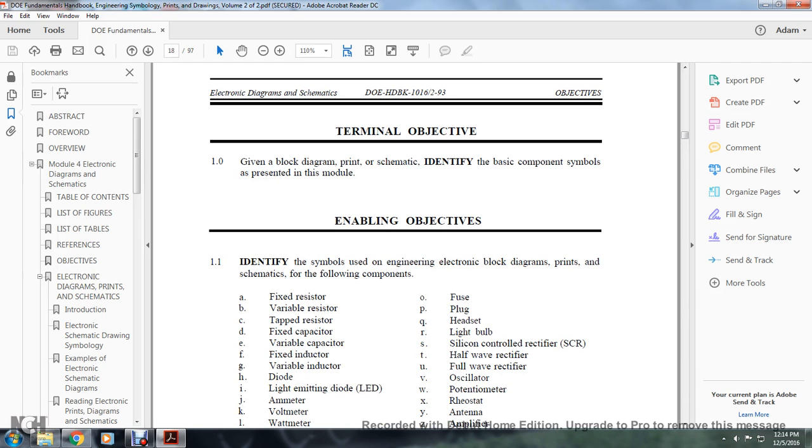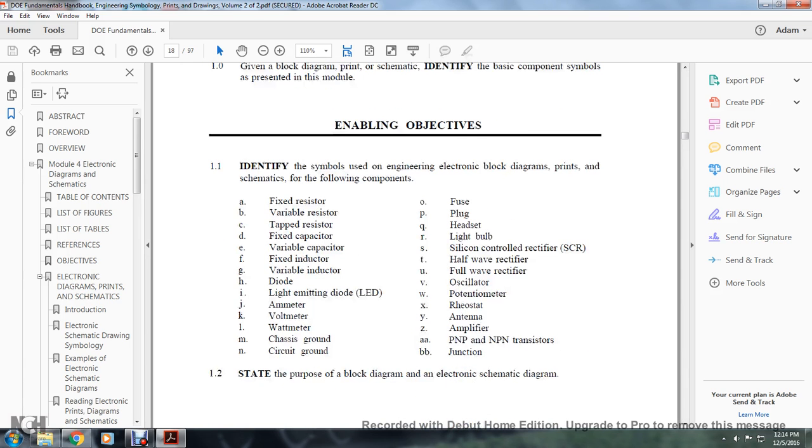Identify the symbols on engineering electronic block diagrams, prints, and schematics for the following components.